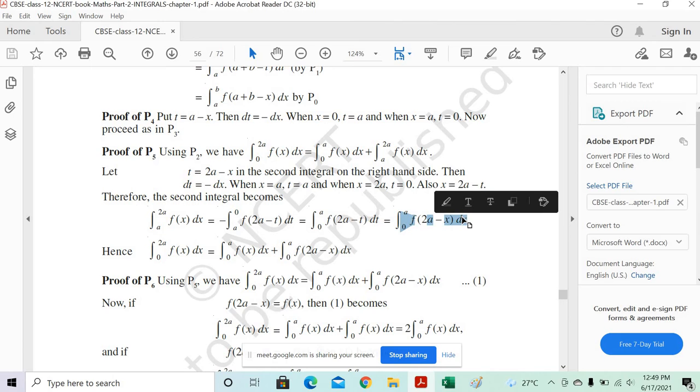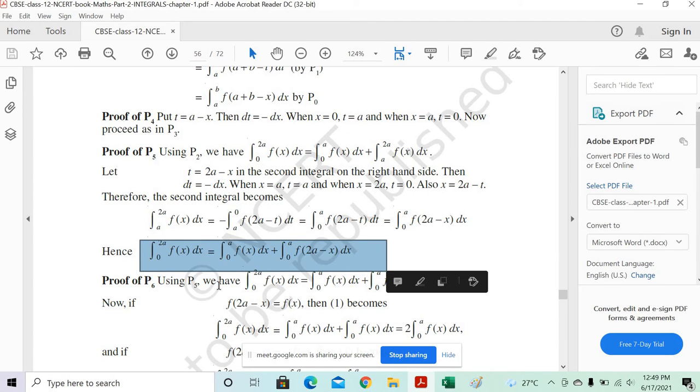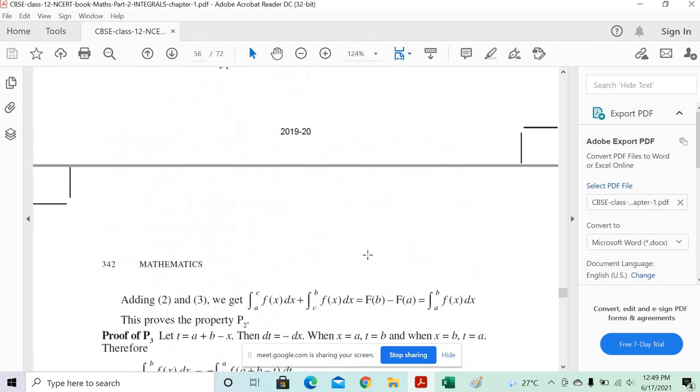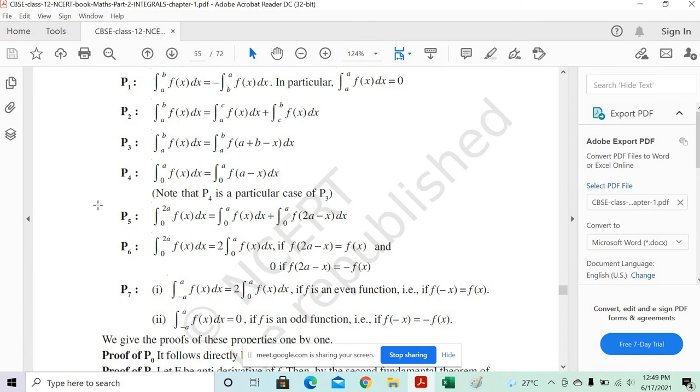So basically 0 to 2a is changed to 0 to a and then a to 2a, and this property comes out. We can directly equate the integral from 0 to a of f of x plus the integral from 0 to a of f of 2a minus x. So this is the fifth property. Clear? Yes, sir. Clear. Okay, next property.